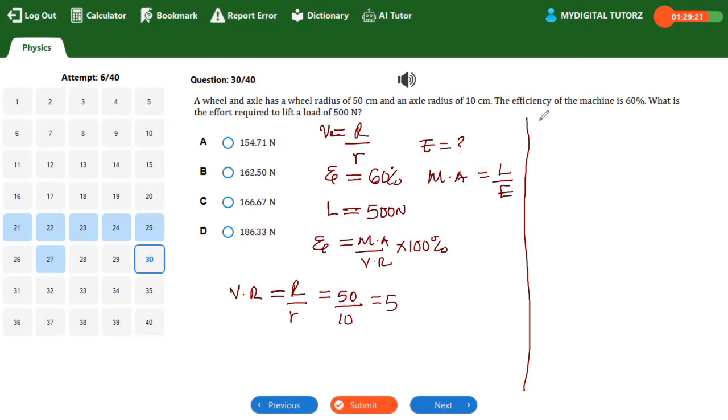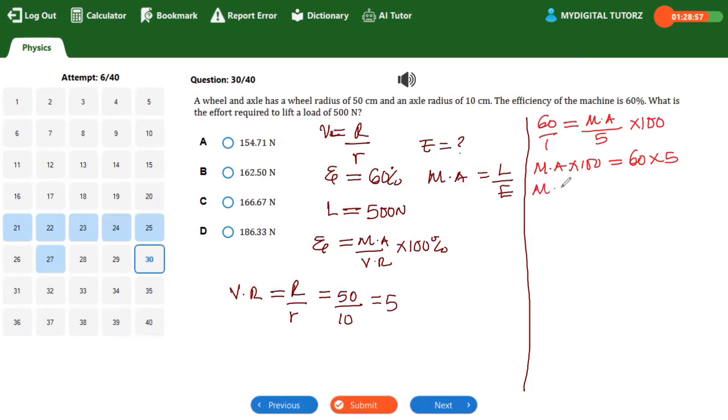What is my efficiency? Efficiency is 60 equal to mechanical advantage, we don't know, all over velocity ratio, which is 5, multiplied by 100. So we can cross multiply, you're going to have mechanical advantage multiplied by 100 equal to 60 multiplied by 5.